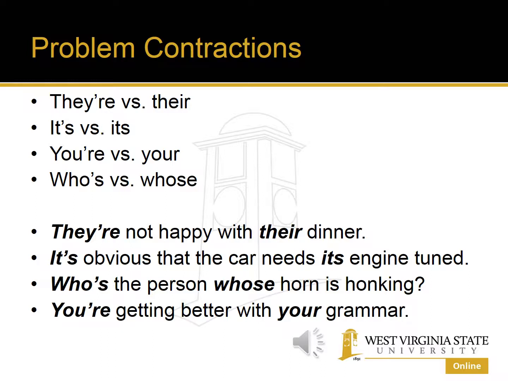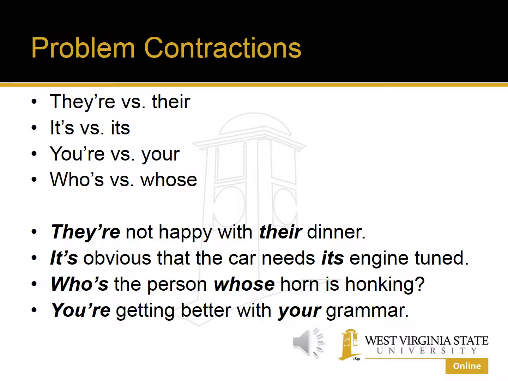There are in English a few problem contractions because of homonyms, words that sound the same but are spelled differently. So one of the common problem contractions is they're, they are, contracted, versus their, which also sounds like the possessive there.